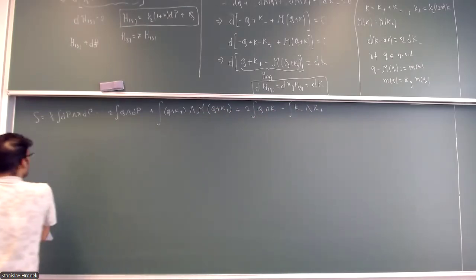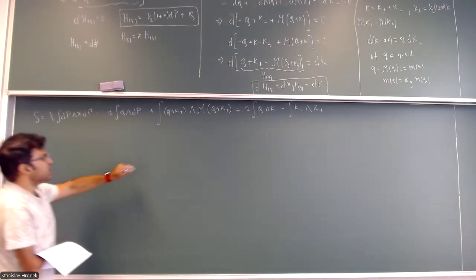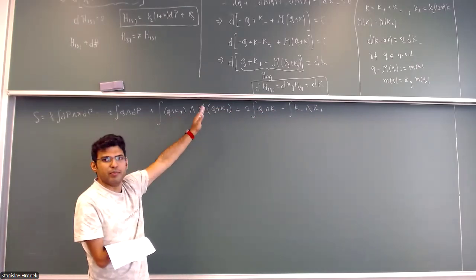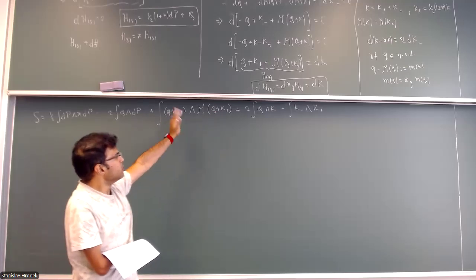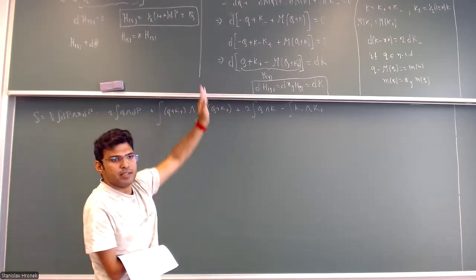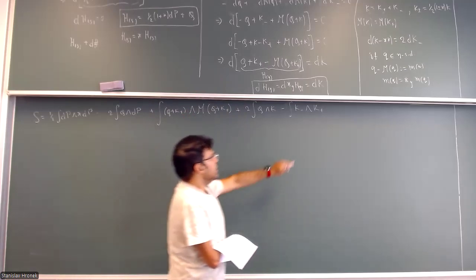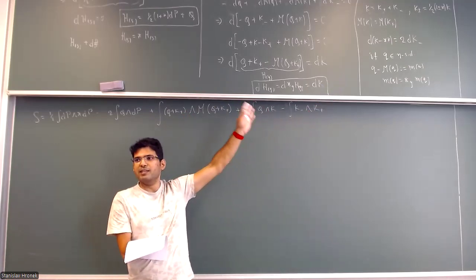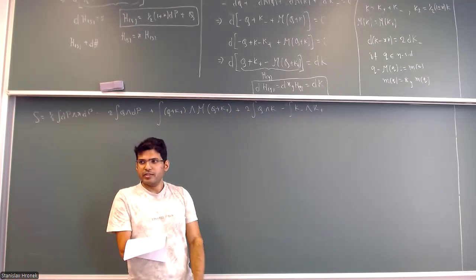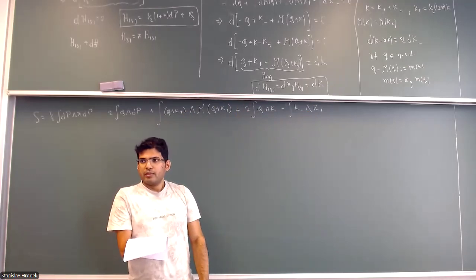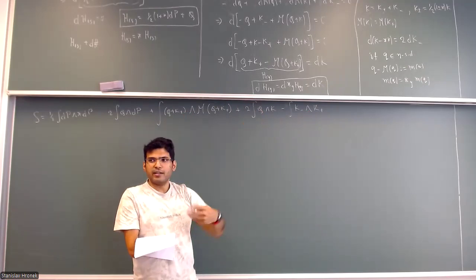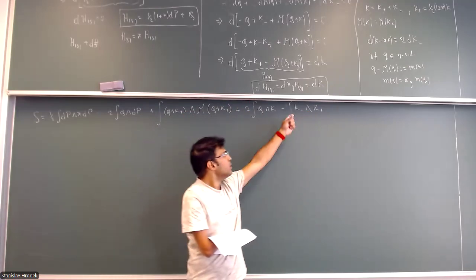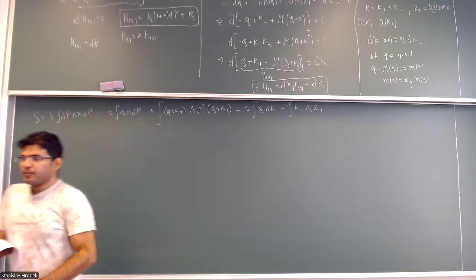So the only thing that has been done is that you can just simply expand this product out. Remember, M is a linear map, so M of Q plus K plus is M of Q plus M of K plus. Expand this product out, do some cancellations, and you can see that this is precisely what you will get. And this one is basically the same as the last step, just re-expressed in terms of K minus and K plus instead of K and star K, given the definitions that you have. So the half goes away because K is like K plus plus K minus and star K is K plus minus K minus. So the two cross terms are both the same, they add up, and that kills the half.